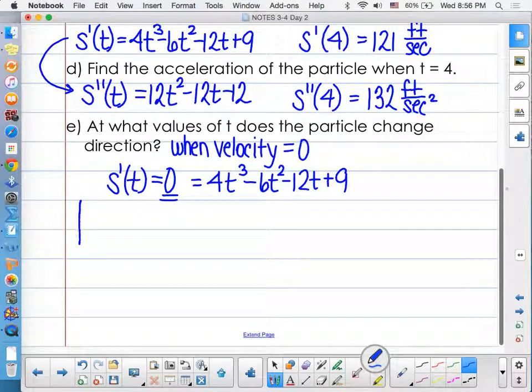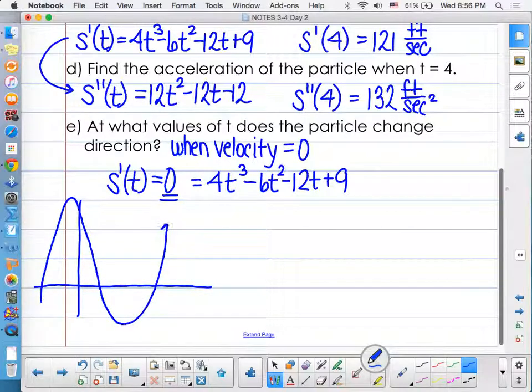For this one, use graphing. You can do the same on your homework tonight. So for this one, when you graph that derivative function to see where it's worth 0, you're going to see 3 mathematical zeros, but only 2 that make sense because it already told us time had to be greater than 0. So this first 0 you see will not work because it said for times greater than 0.